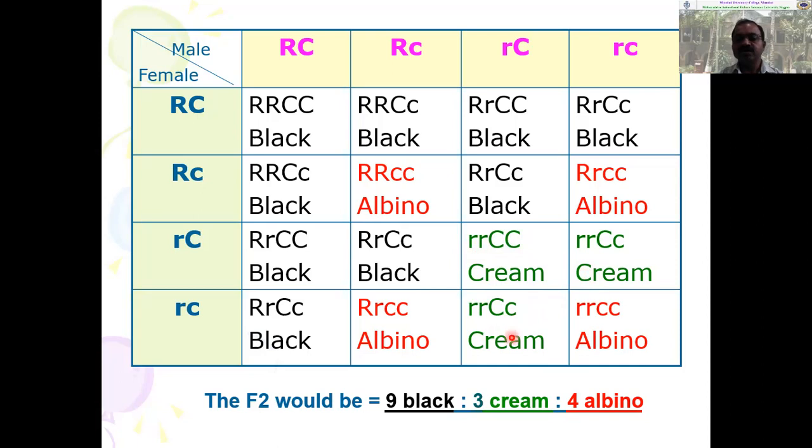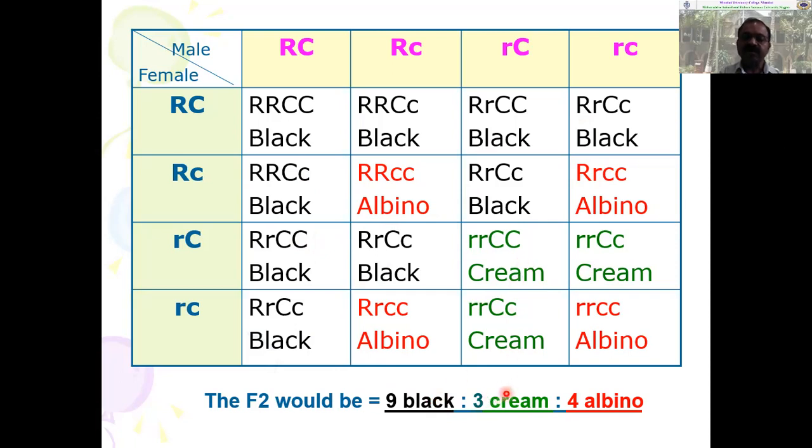Whenever we have homozygous small r with capital C, those 3 phenotypes would be the cream color. In this way, we have calculated the phenotypic ratios, and on the basis of those ratios, we have justified the proportion of each phenotype. With the help of this previous knowledge, we have found how this example is recessive epistasis, where we have 9 black.